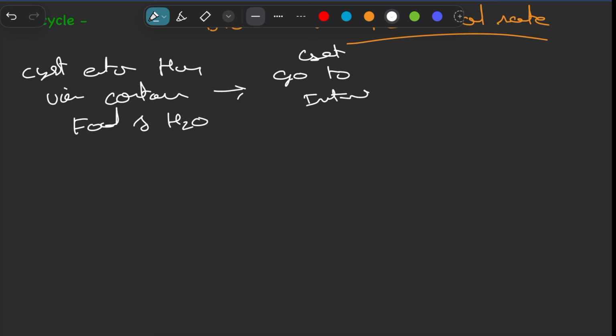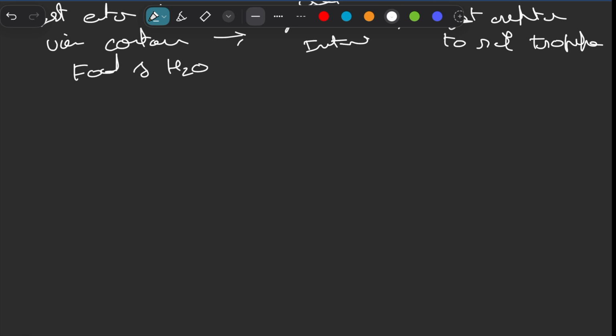Any food you eat will go to the intestine. Similarly, the food contaminated with the cyst will also go to the intestine. Then the cyst ruptures in the intestine and releases trophozoites.